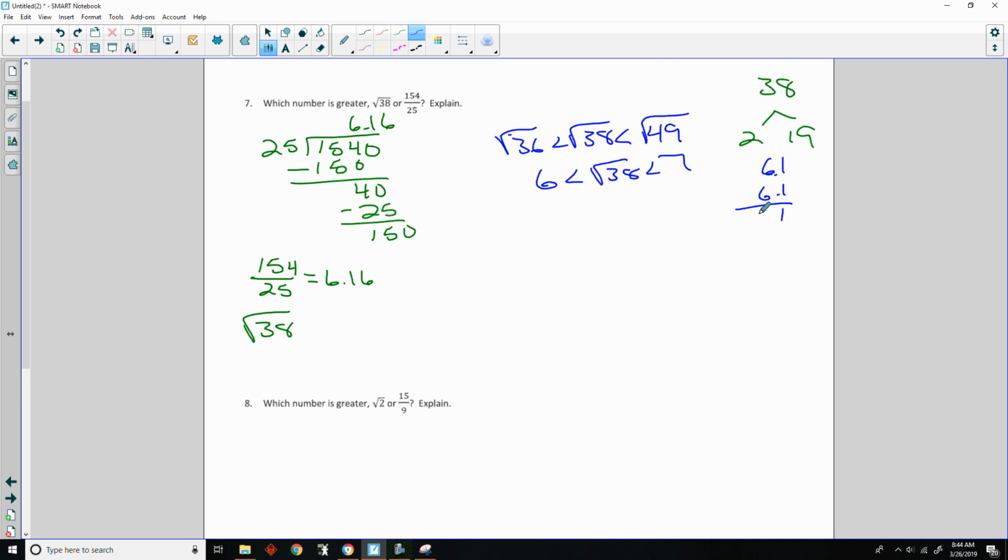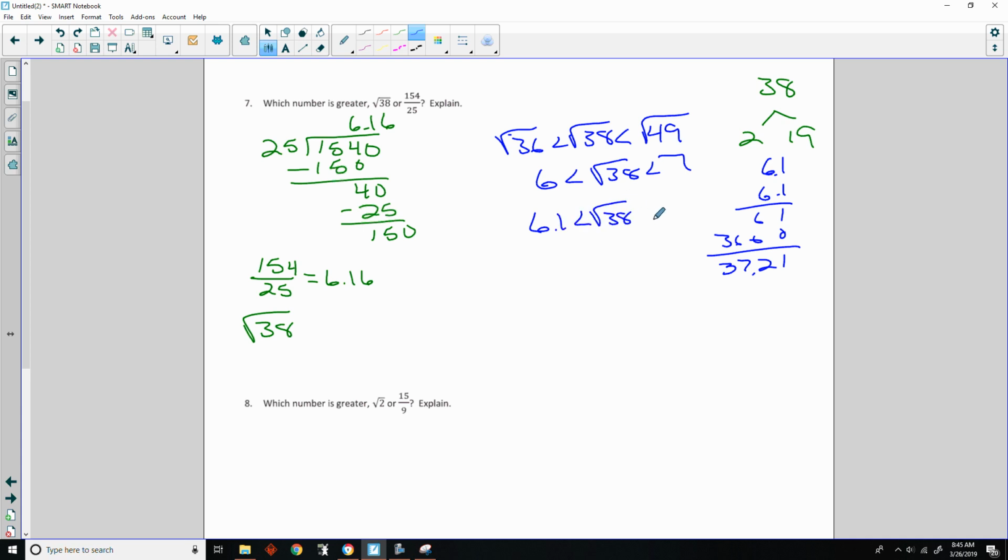That's 37.21, with 2 decimal places. So the square root of 38 is more than the square root of 37.21. So 6.1 is less than the square root of 38.